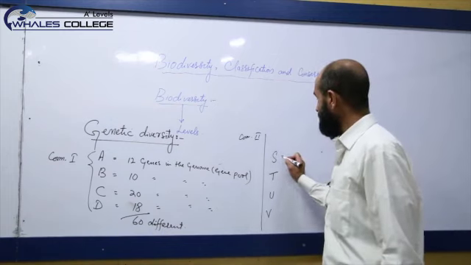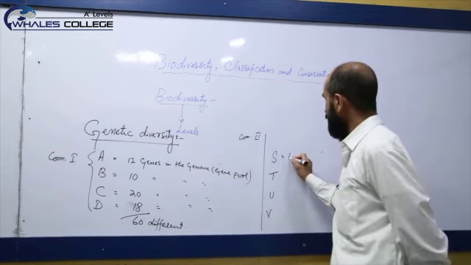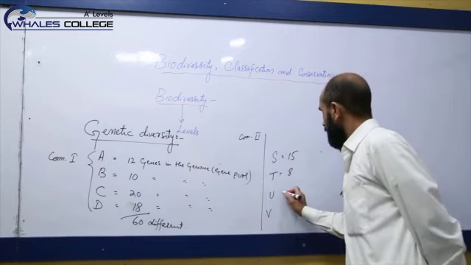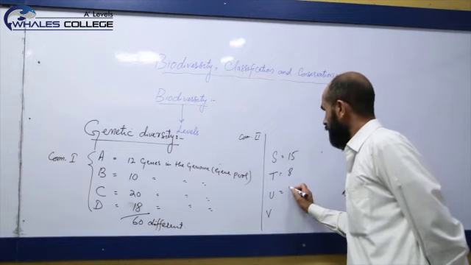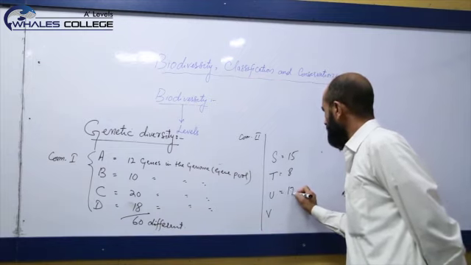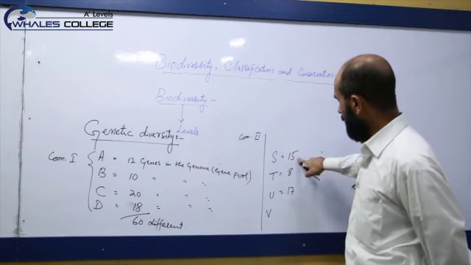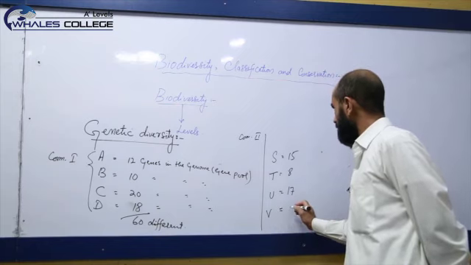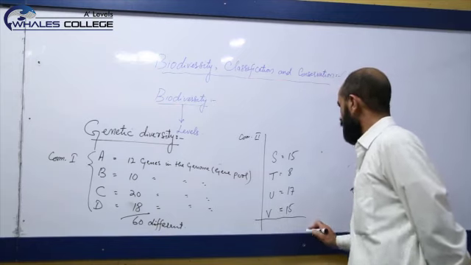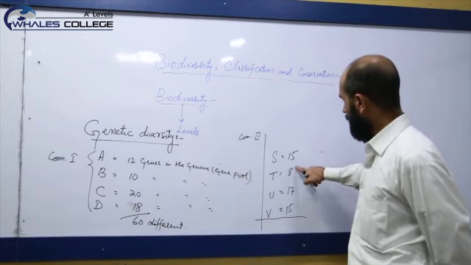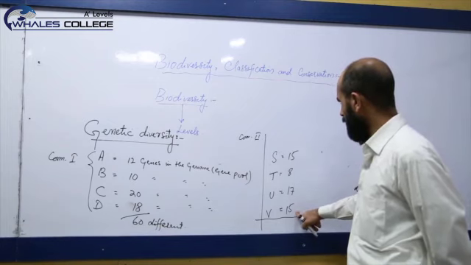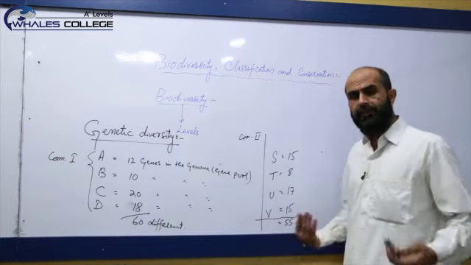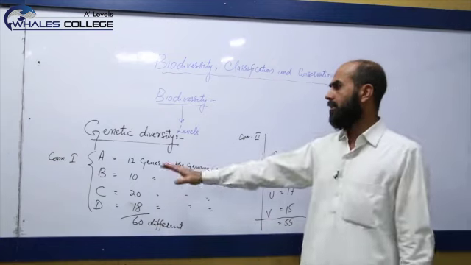S has, let's suppose, 15 genes, T has only 8 genes, U has 17 genes, and V has 15 genes. So 15 plus 8 is 23, plus 17 is 40, plus 15 is 55. So 55 different genes in community 2, compared with 60 in community 1.